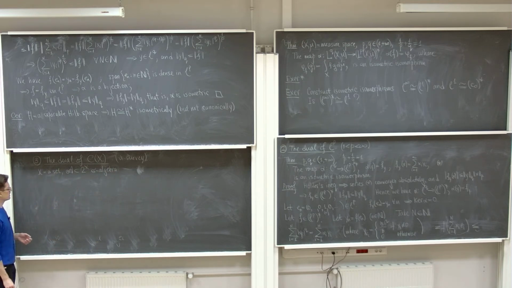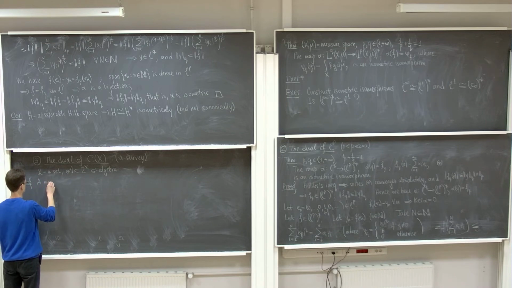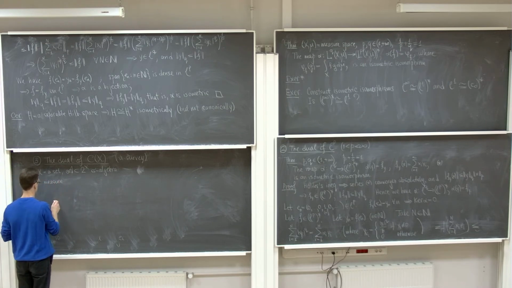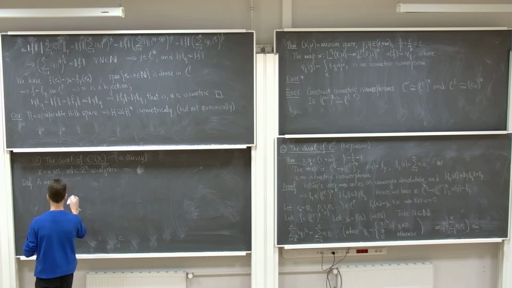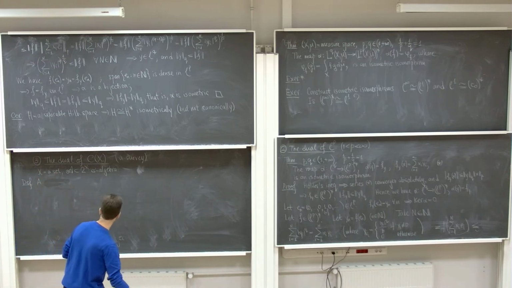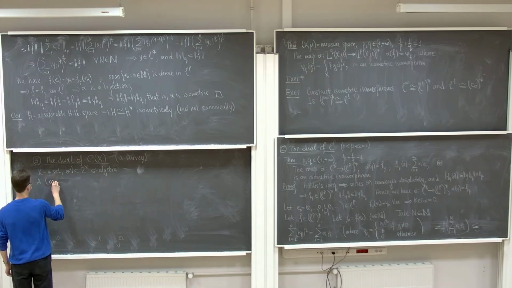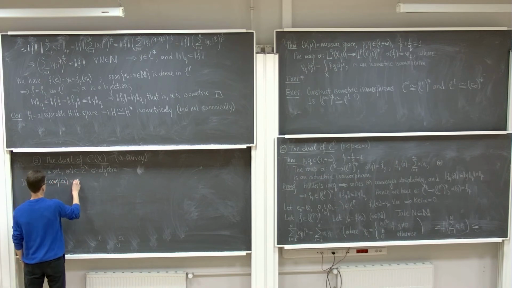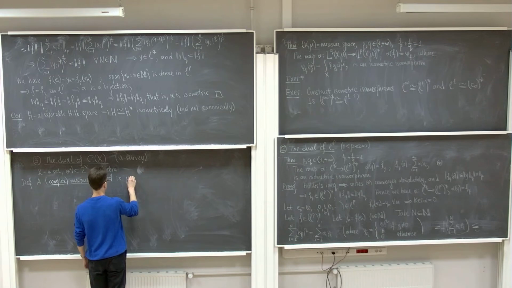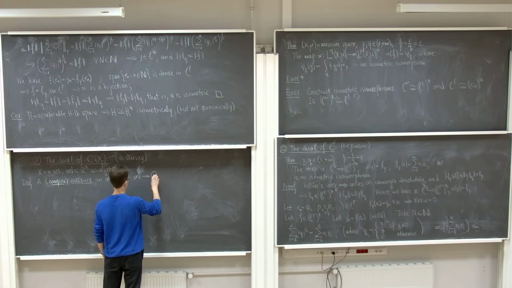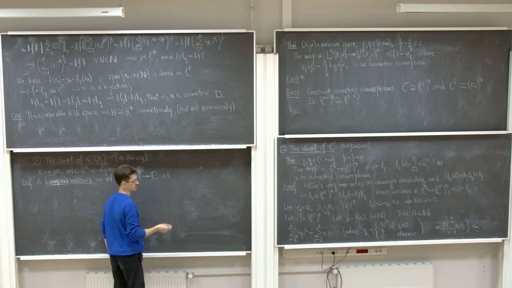First of all, we want to define complex valued measures on A. A complex measure on A is a function mu from A to the complex numbers, which is additive in the following sense.